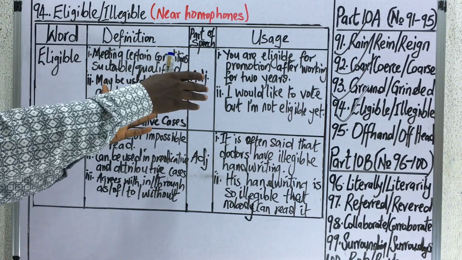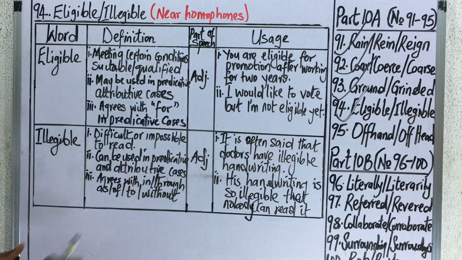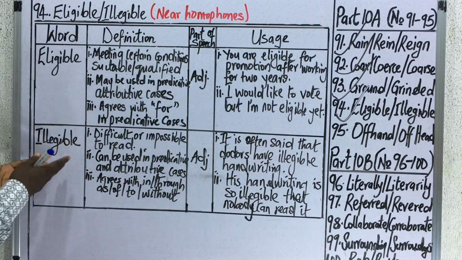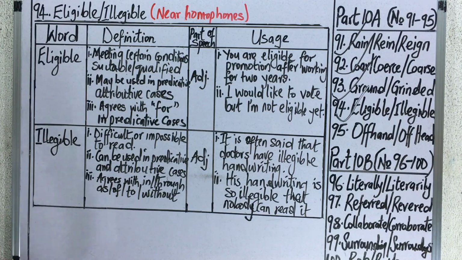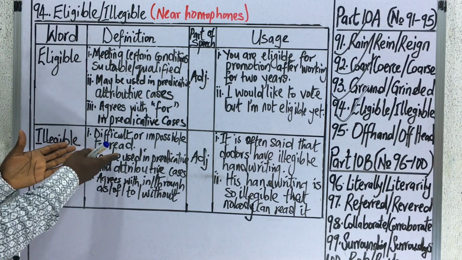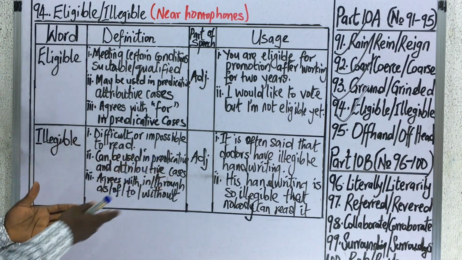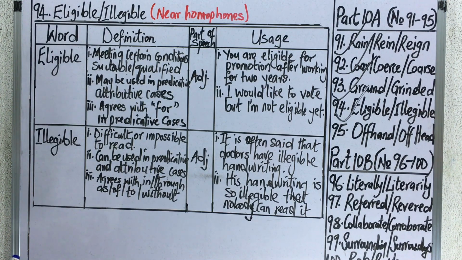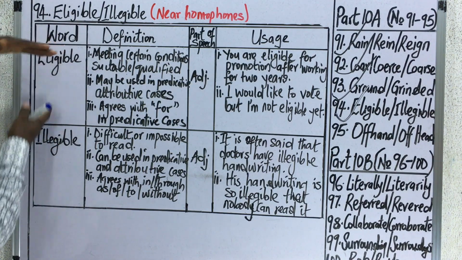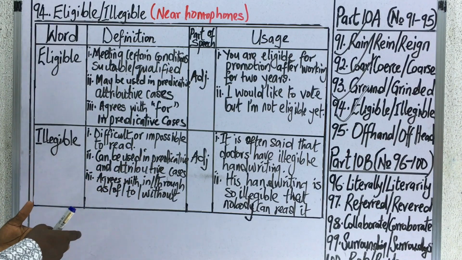We're going to consider an example on that when we get to the usage of the words. Then for the second word, illegible, this means for something to be difficult or impossible to read. For a handwriting to be impossible to read. That is what we mean by illegible. This word, just like eligible, can be used in attributive sense or in predicative sense.